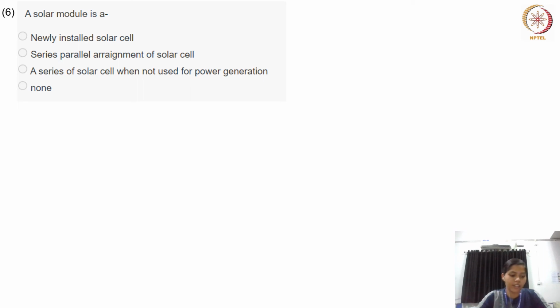If you have any doubt, you can please unmute yourself, or you can write your doubt in the chat box also. That will also be okay. Pankaj is saying option number B. Tripti also saying option number B.